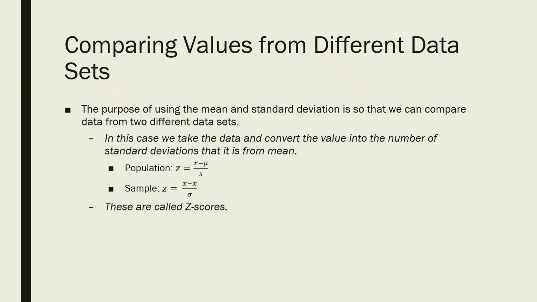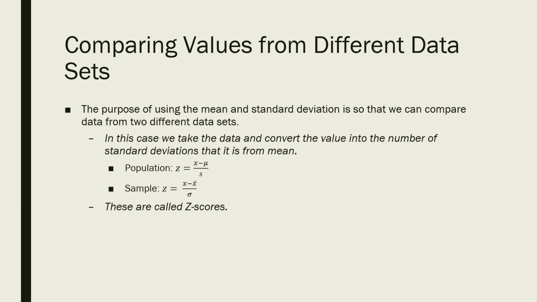And I've written out here the population and the sample z values. With the population it's x minus mu divided by sigma, because those are the parameters that we get from the population. But from the sample we have our statistics, x bar, the mean of the sample, and s, the standard deviation of the sample.